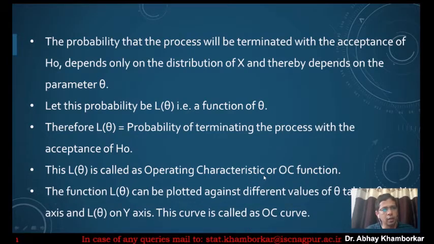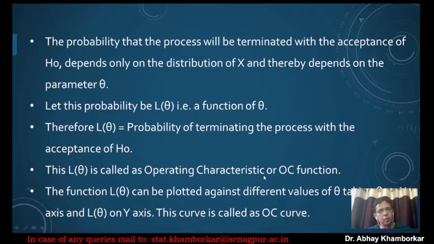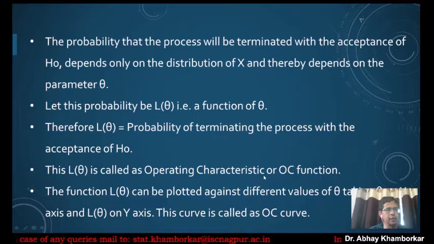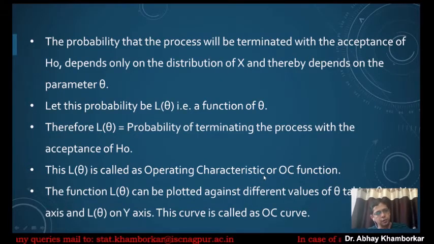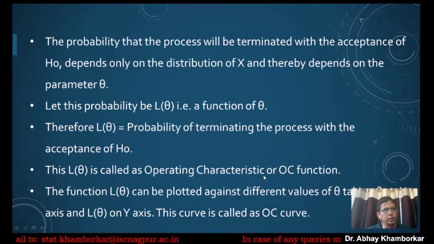The function L of theta can be plotted against the different values of theta, taking theta on the x-axis and L of theta on the y-axis. So for the different values of theta, if we compute L theta, then you will have a series of values of L theta for different values of theta.